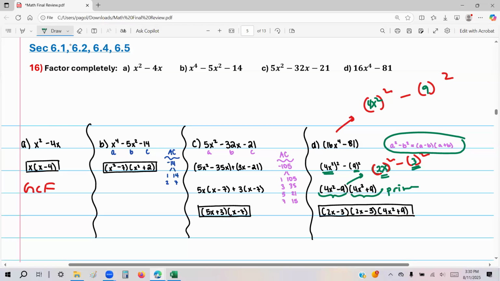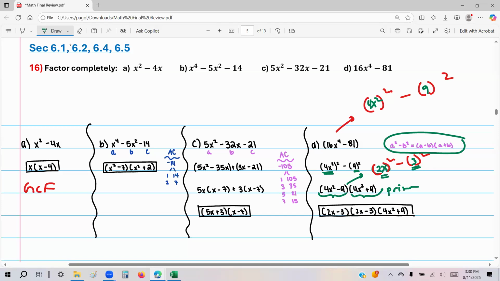But this time our variable has to be x squared, because we are distributing x to the 4 into 2 pieces, x squared and x squared. And we are distributing 14 into 2 pieces, 7 and 2. So you distribute A and C, and you get the 2 factors. Here you cannot factor anymore, so you move on. But if it is 4, you have to factor more.